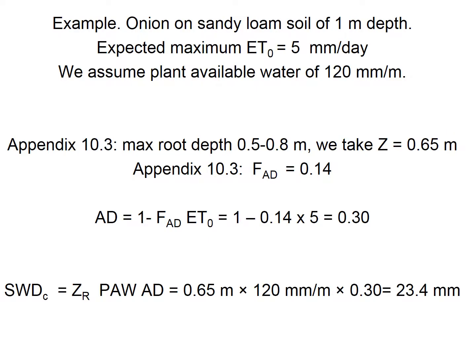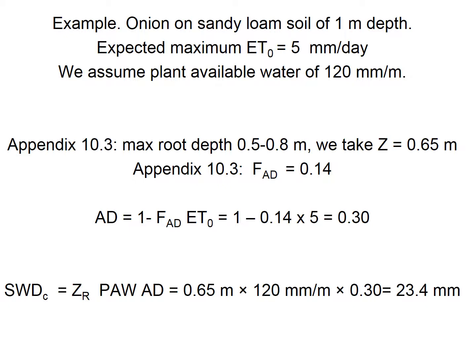For example, we will calculate the critical soil water deficit for an onion crop on a sandy loam soil of 1 meter depth. The expected maximum reference evapotranspiration is 5 millimeters per day, and we assume plant available water of 120 millimeters per meter. In Appendix 10.3 of Chapter 10, we find that for onion the maximum rooting depth lies between 0.5 and 0.8 meters.